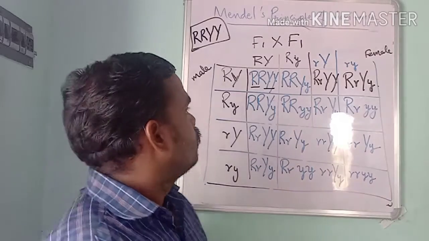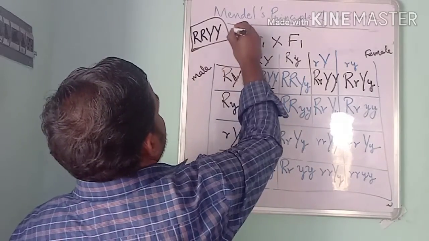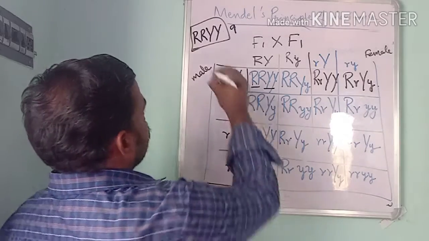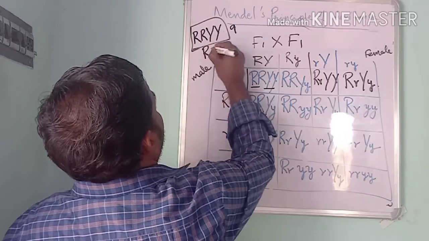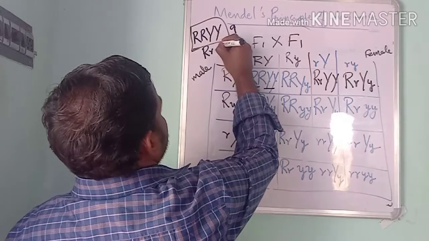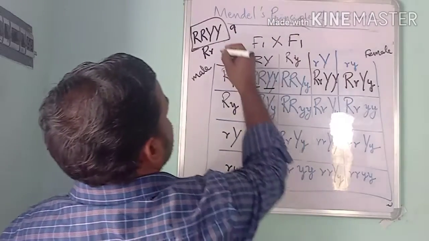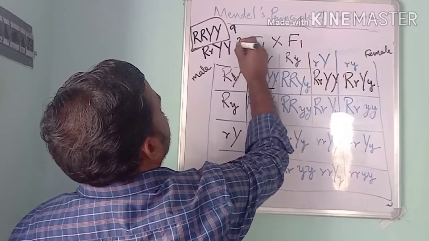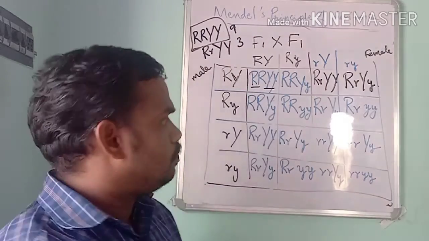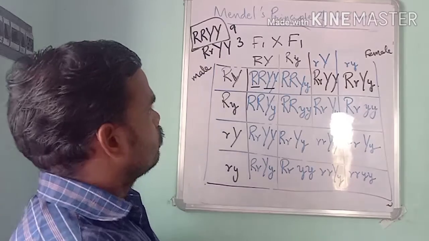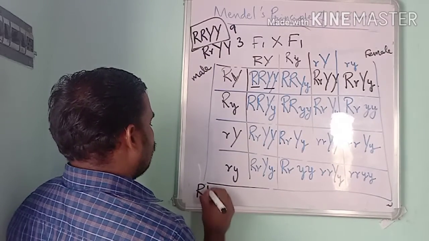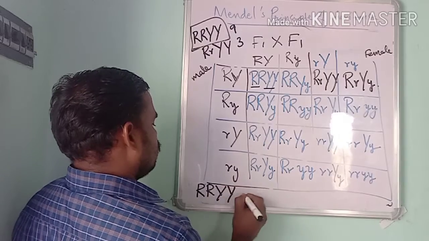Just check out. We identify 9. Then the next one, R, y: we will get 3. Then we will get it in r, Y.